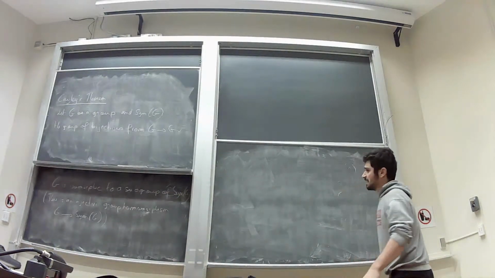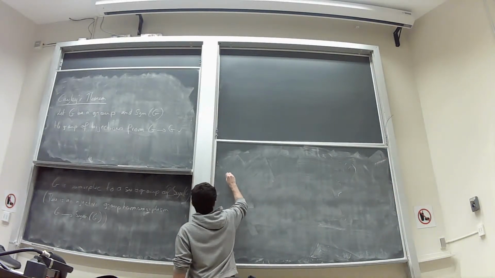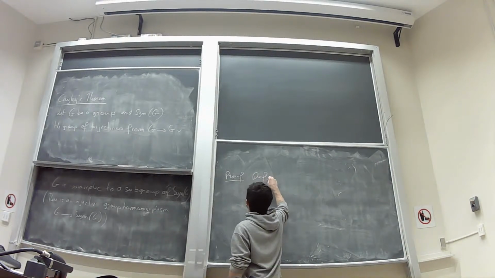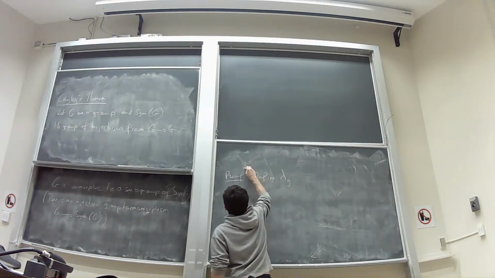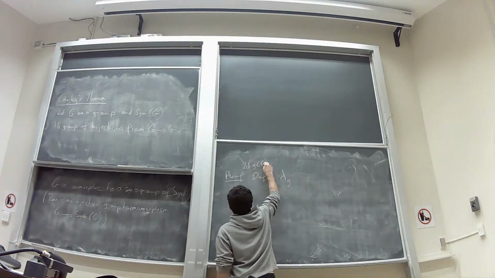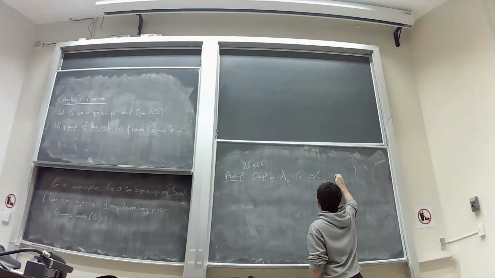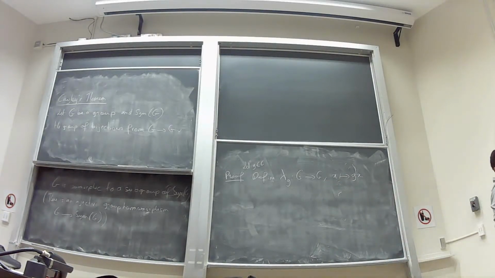Now the idea here is something we have seen. So define lambda_g. Let g be in G, and define lambda_g from G to G, a function we have seen many times, that sends x to gx.